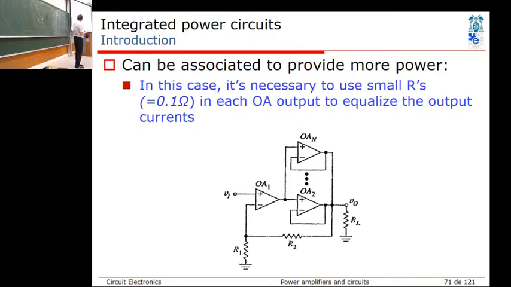And it doesn't show, but you should balance it by putting small resistors, so they are not short-circuited together.